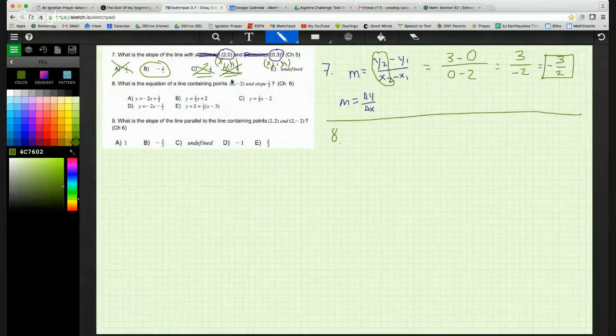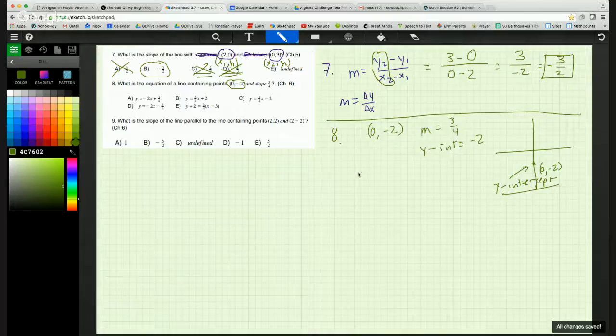What is this point, (0, -2)? That's our y-intercept. So this is cool, because our slope is 3/4, and our y-intercept is -2.